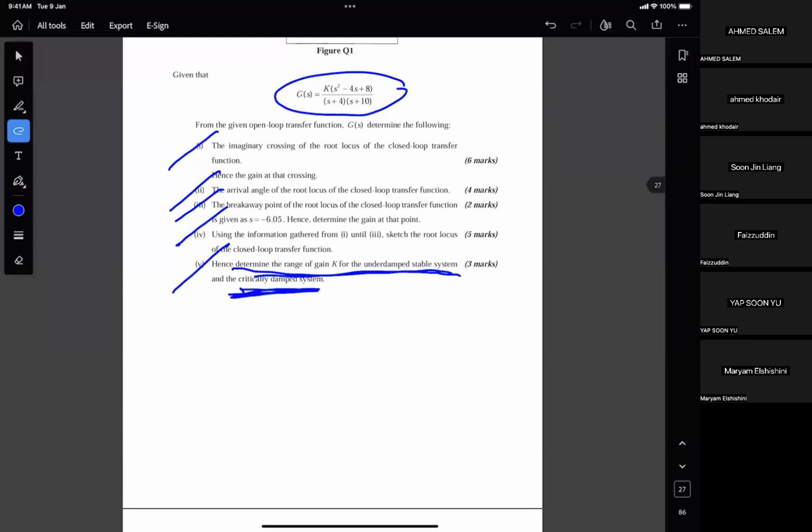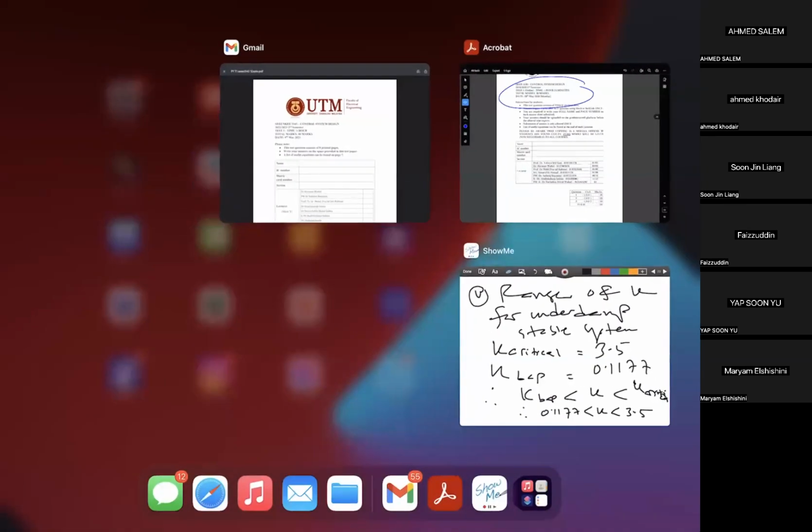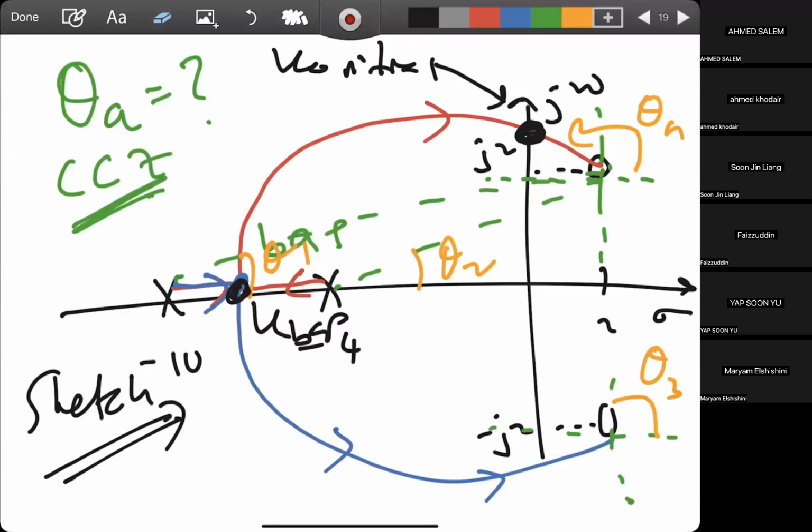For the critically damped system, zeta equal to 1. So you have to find the K. So where is zeta equal to 1? Zeta equal to 1 is over here, on this part. Critically damped when zeta is equal to 1.